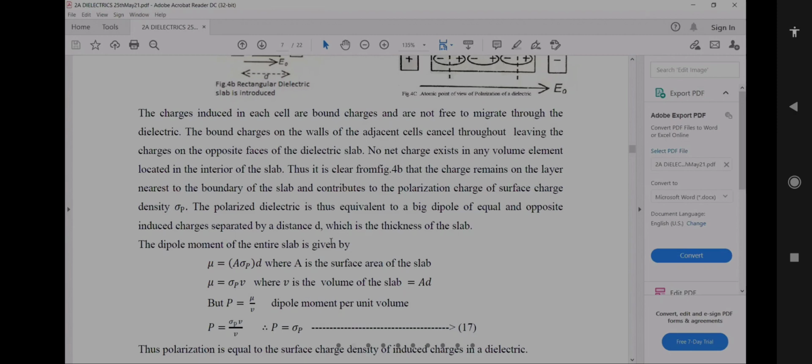So the polarized dielectric is equivalent to a big dipole of equal and opposite induced charges separated by a distance d, which is the thickness of the slab.